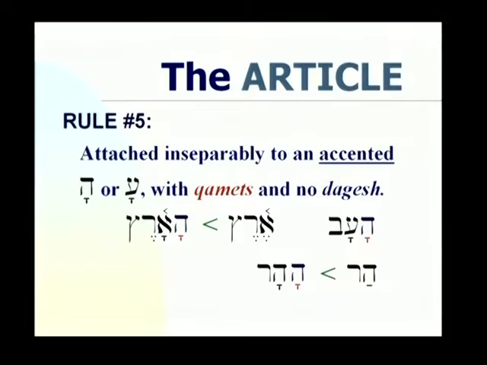So it becomes hahar. It's not laughing, it's just hahar, all right? The mountain or the hill. Am, people, is another word that when it takes the article, it's going to change to a comets, becoming am, and therefore it becomes ha'am. Everyone? Ha'am, right, the people.